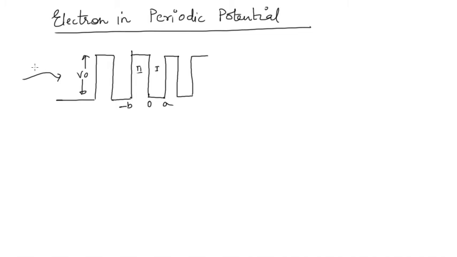The electron is approaching with energy E, which is less than V0. This is my electron, so I'm taking this case. Who simplified this model? Kronig and Penney. So we also call this the Kronig-Penney model, and a very deep insight into physics came out of this model. We'll see.